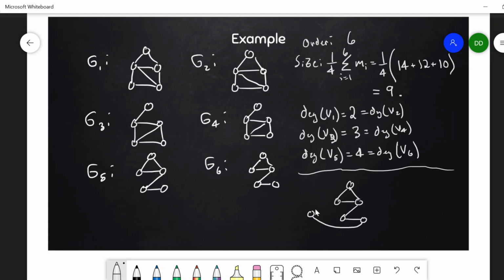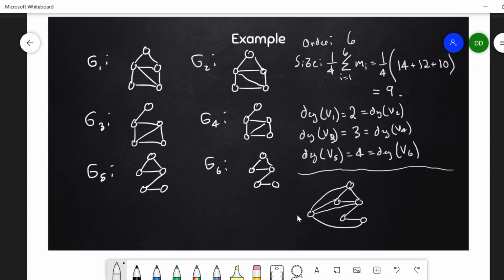That would be okay. So what if it was adjacent to this one and this one? That would give us 2 vertices of degree 2, 2 vertices of degree 4, and 2 vertices of degree 3. Okay, so maybe this is it. Maybe this works.